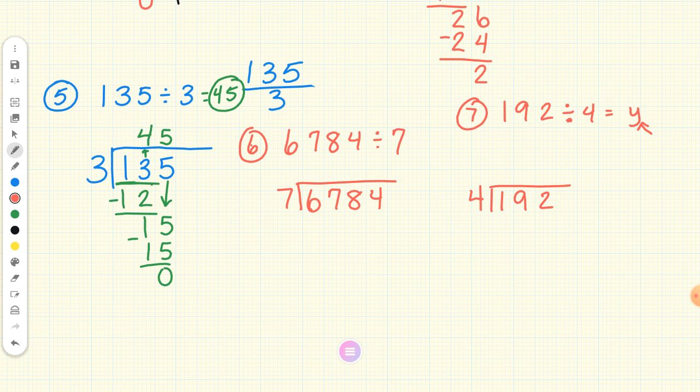Okay, everybody should be working out problems number 6 and 7 right now. I'm going to work it out incorrectly, so once you finish, do not change your answers if you have something different than me.